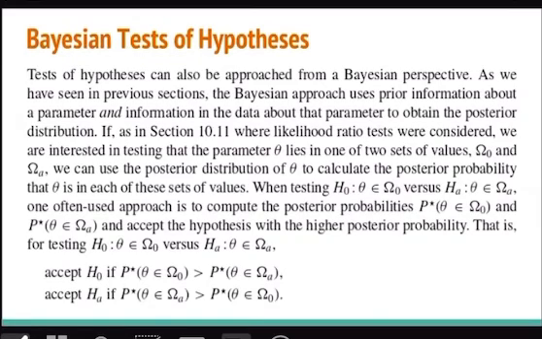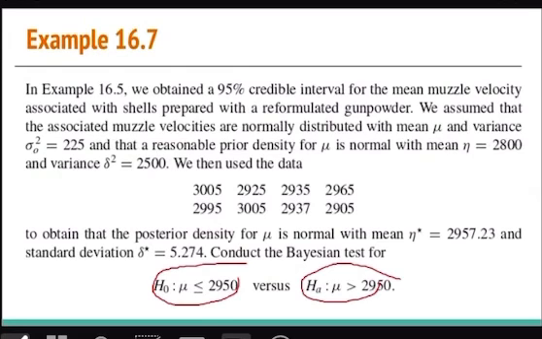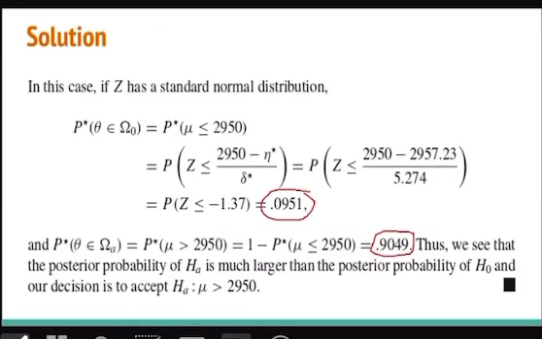We accept HA if the probability under the alternative is greater. Now, which probability is greater? Oh, it is the one in the alternative. Is that not super cool? That is why we see that the posterior probability of the alternative is much larger than the posterior probability of H0, and our decision is to accept it, period.